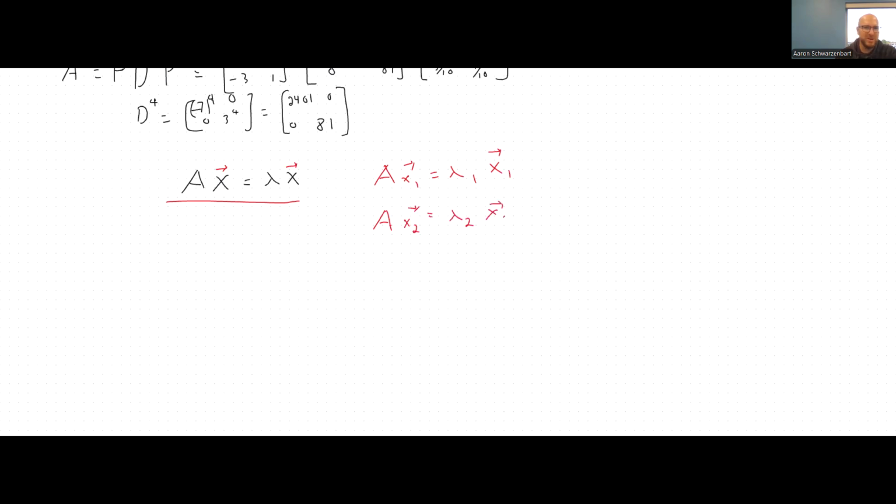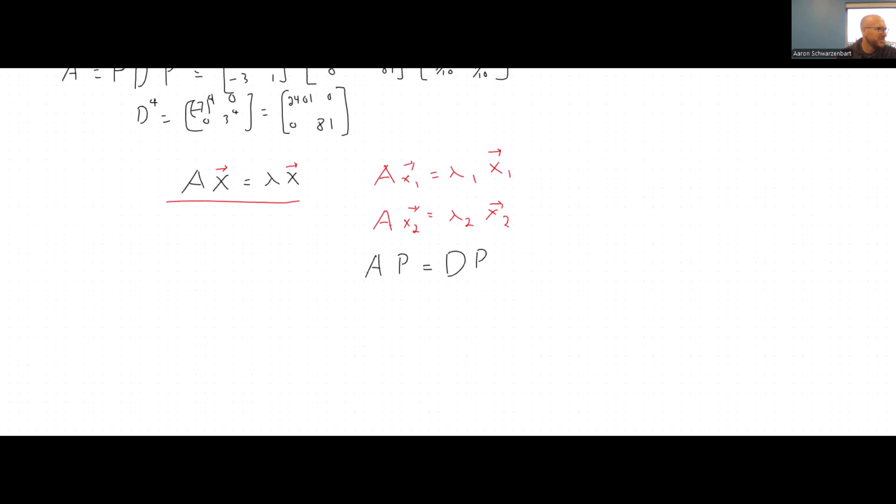When I put my two eigenvectors into a matrix, I get A times the P matrix. When I put my eigenvalues into a matrix, I get, well, a diagonalized matrix times P. But here's the thing.